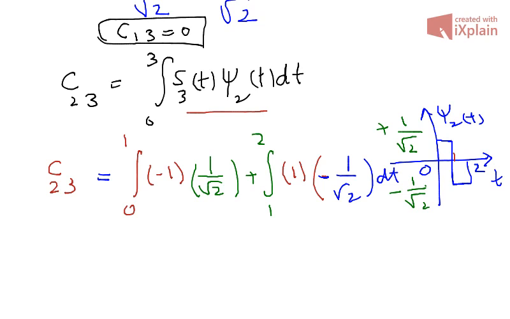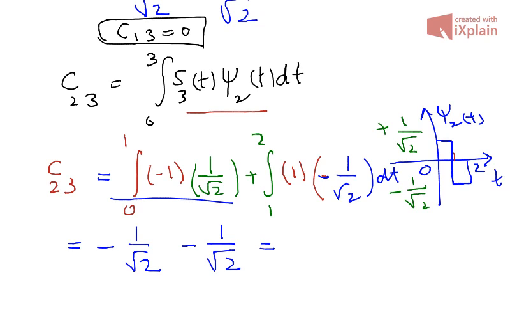If you observe this integral, very interestingly, let's see what we get. We get minus 1 over under root 2 from the first integral, and from the second integral we get minus 1 over under root 2. This is what we get by solving these integrals.